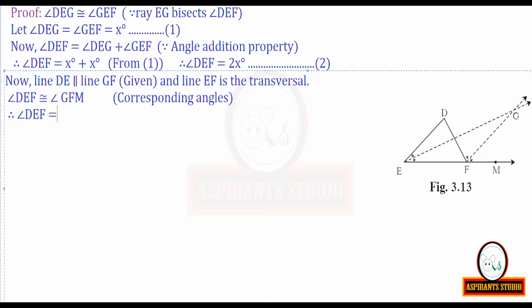We have measure of angle DEF to be equal to 2x degrees. So, now substitute over this equation. Therefore, measure of angle GFM will be 2x degrees. You have to write the reason from equation number 2 and take this equation as equation number 3.